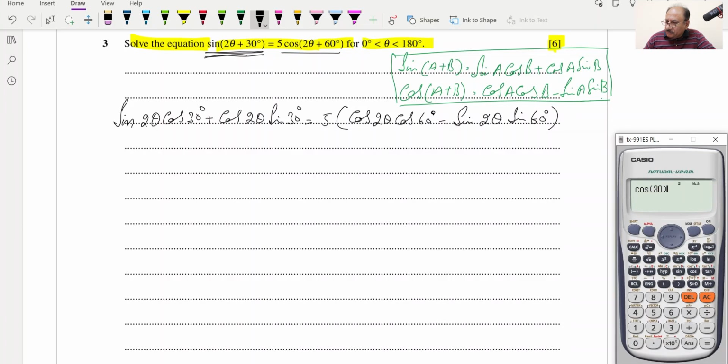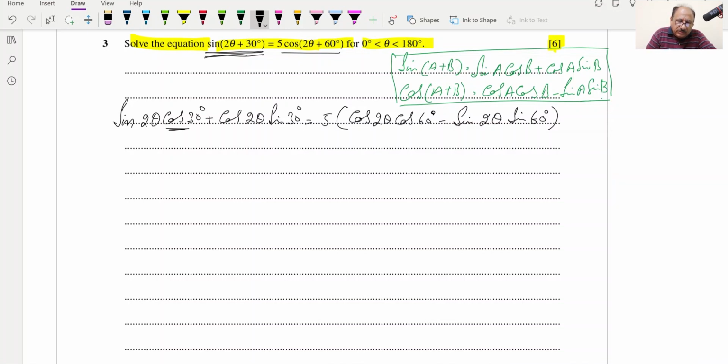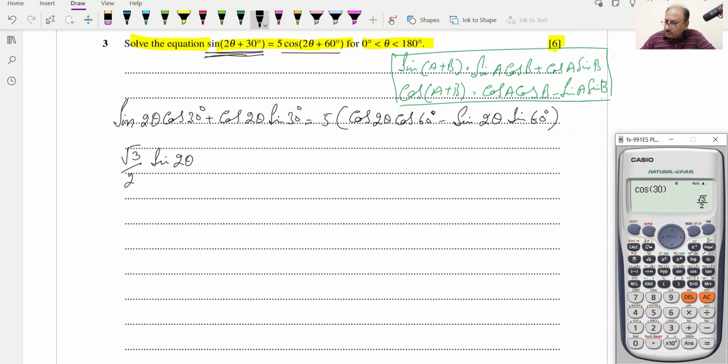Cos of 30 degree is equal to under root 3 by 2. So this value is under root 3 by 2. We can write this as under root 3 by 2 sine of 2 theta, and this will be sine of 30 degrees. So we can check for sine of 30 degree, and this is equal to 1 by 2.